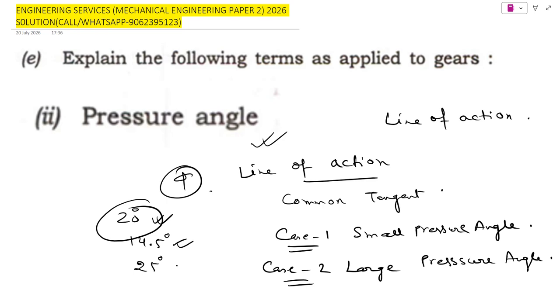Now, let us connect this topic with another important concept. When a force is transmitted between the gear teeth, it can be resolved into two components. First is the tangential component. That produces the torque and is responsible for the power transmission, and second is the radial component.